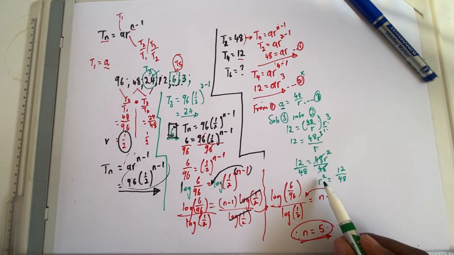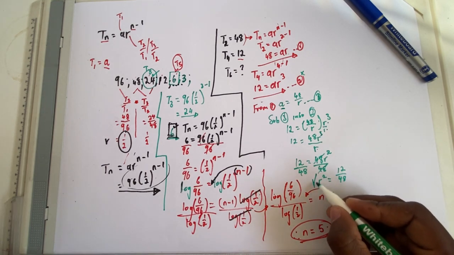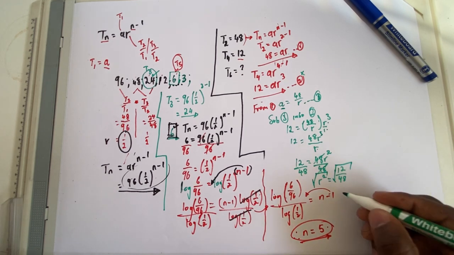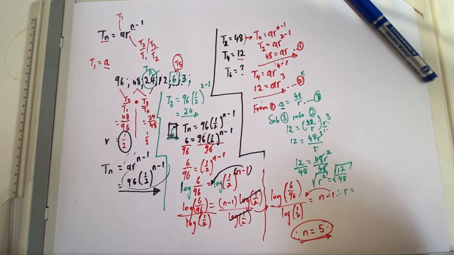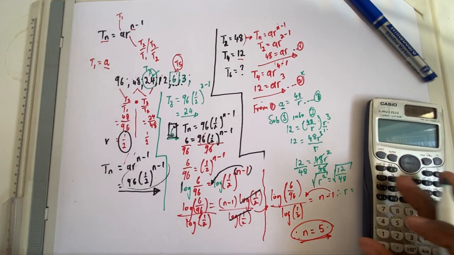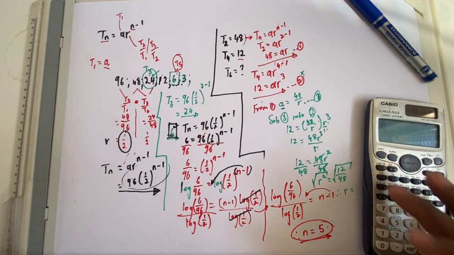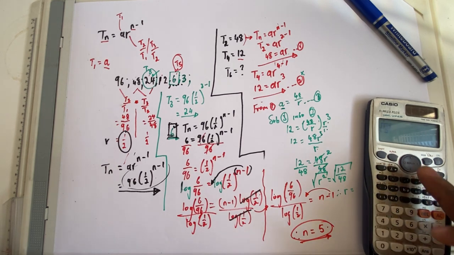Because I want the value of r as a single unit, not r to the power 2, I introduce a root on this side and a root on the other side. So r is going to be the root of 12 over 48.